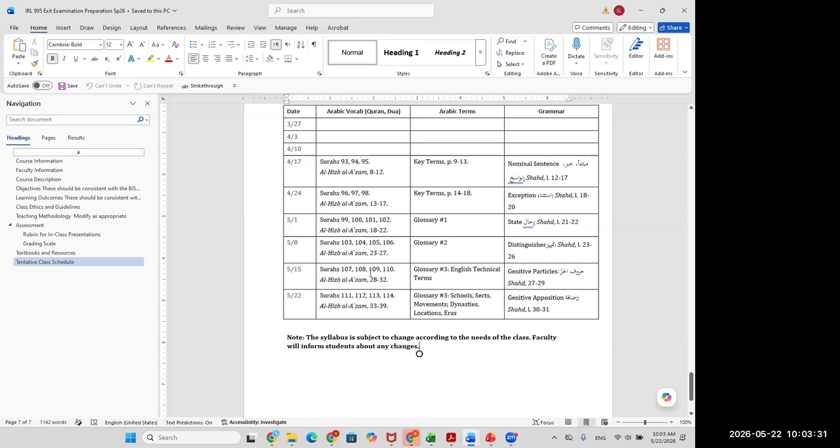So yeah, as I had said, we will focus on the Quran, the surahs, where you get some vocab and also indirectly the grammar, the application of the grammar.